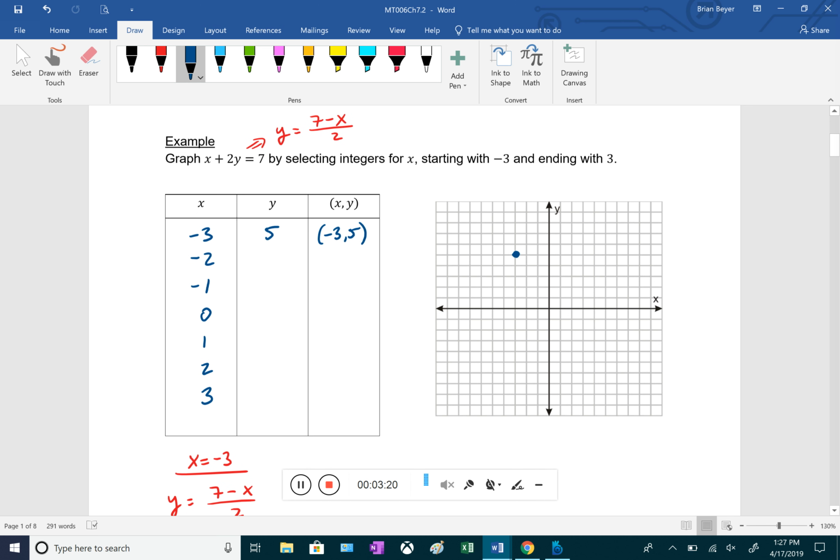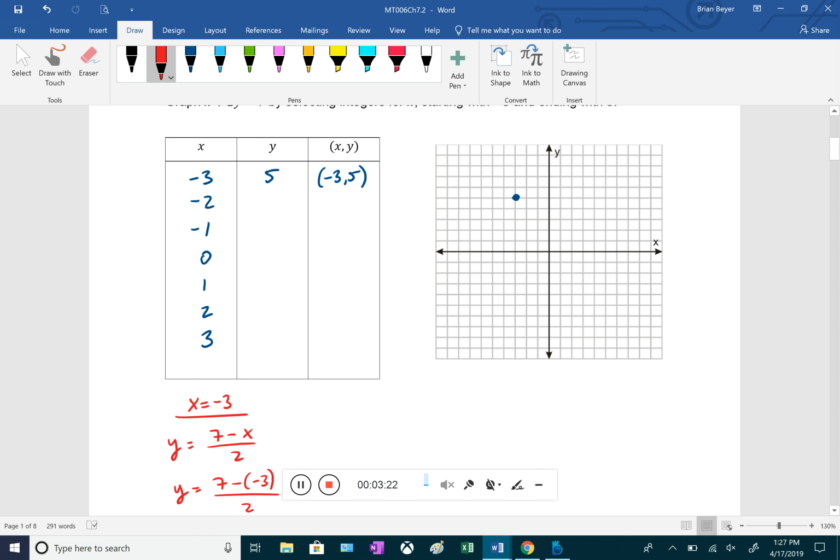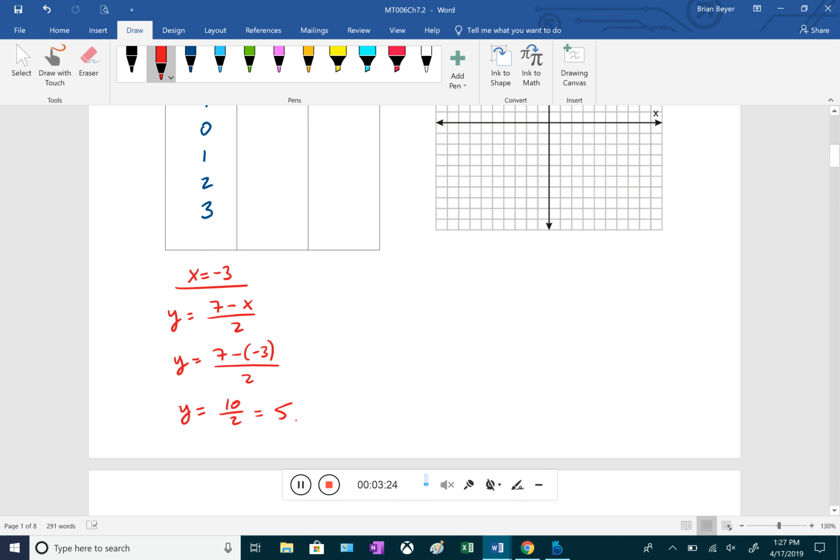Okay, and let's do -2. I'll probably do 3 of these, and then I'll just fill in the other ones. So for x equals -2, same thing, let's plug it into the solved form. It's going to be 7 minus -2 over 2.